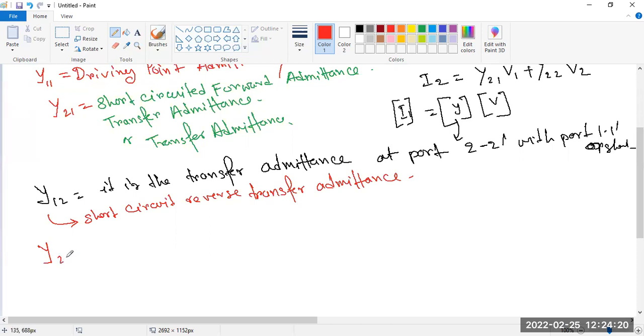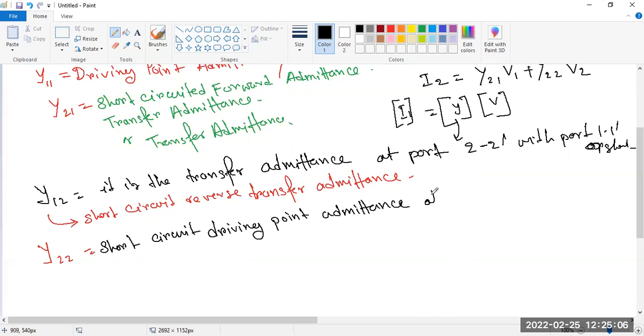Then Y22. It is called the short circuit driving point admittance at port 2 dash, with port 1 dash short circuited.